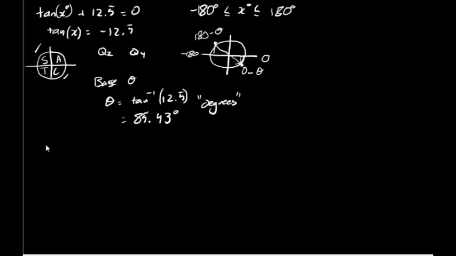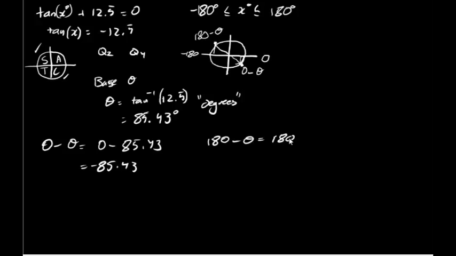So our first one, we found 0 take theta. So it'll be 0 take 85.43, which is just simply minus 85.43. The other one is where we have 180 take theta. So it's 180 take 85.43.